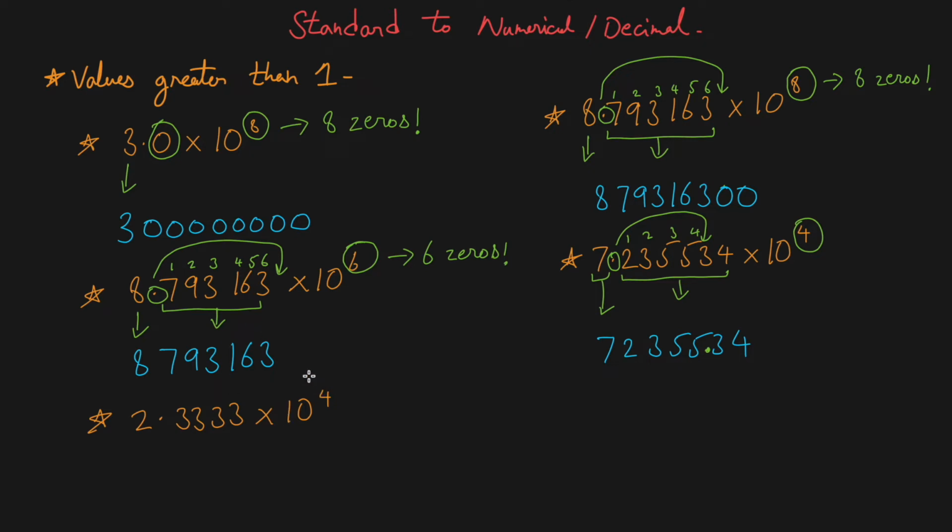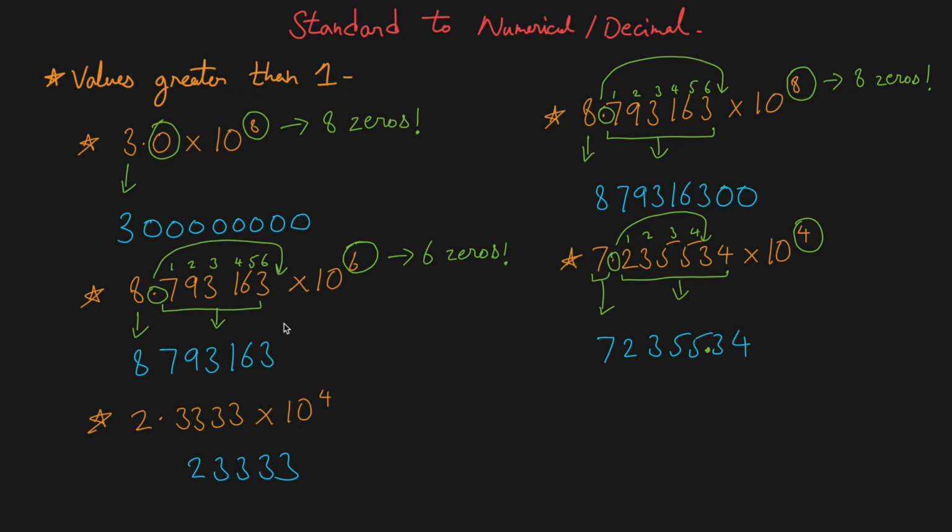Move the decimal point 4 digits to the right side, and here we only have 4 digits to jump. So here we will have the simple answer: 23333, and this will be the answer for it.